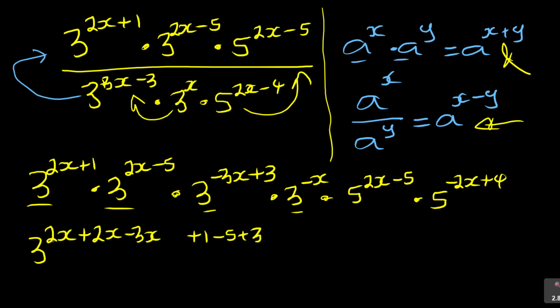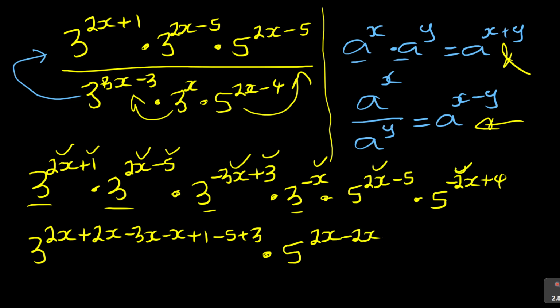Let's start again. 2x, I did. Another 2x, minus 3x. There is minus x. And then after that, plus 1 I did, minus 5 I did, plus 3 I did, dot 5 to the power of 2x, which is that one, minus 2x, which is that, and then minus 5, and then plus 4.